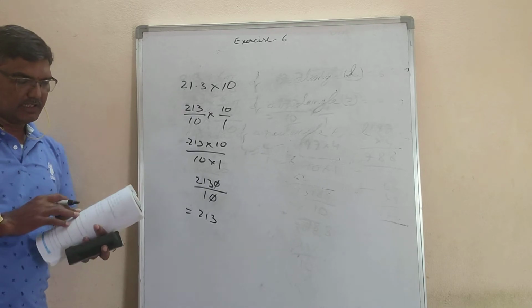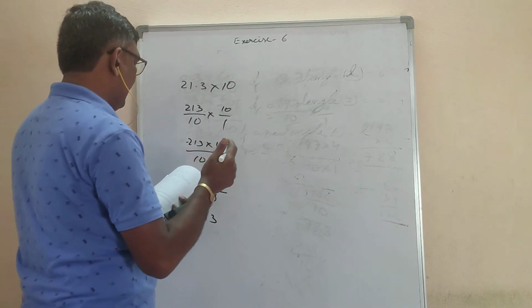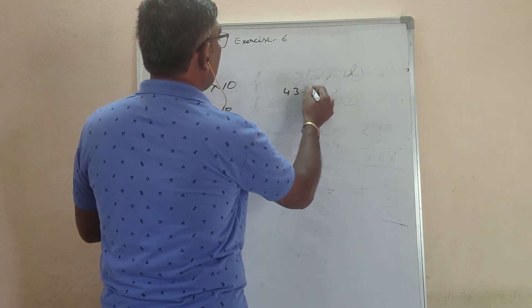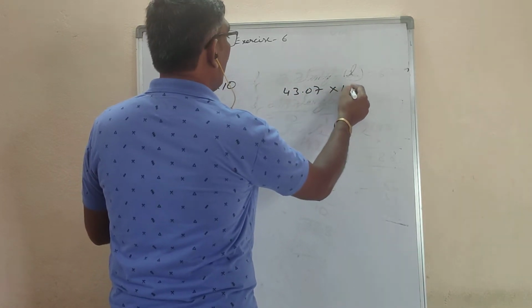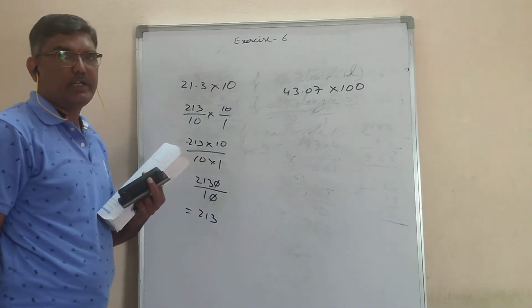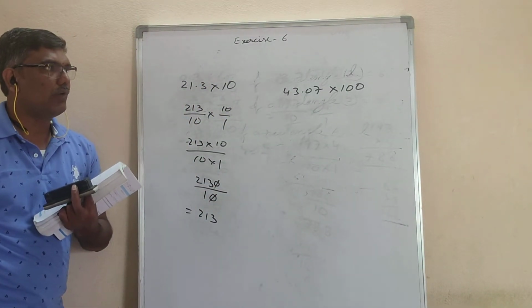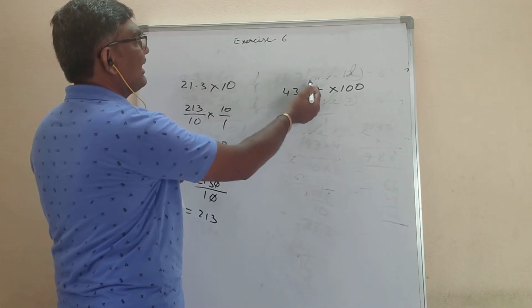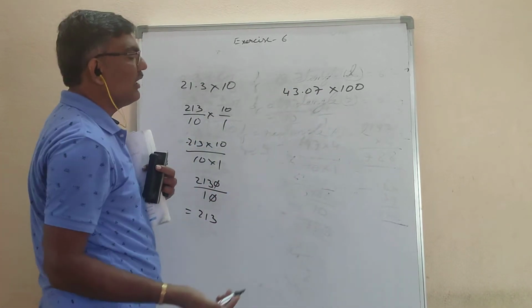Next, like this, if you have remaining problems like 43.07 into 100, how to do the multiplication? First, as I said before, convert the decimal number into a rational number.